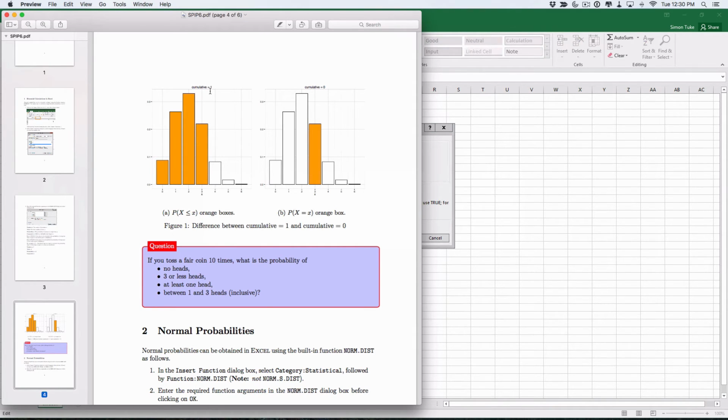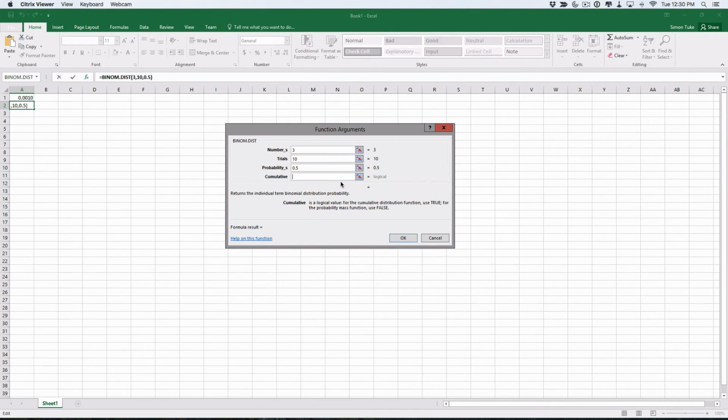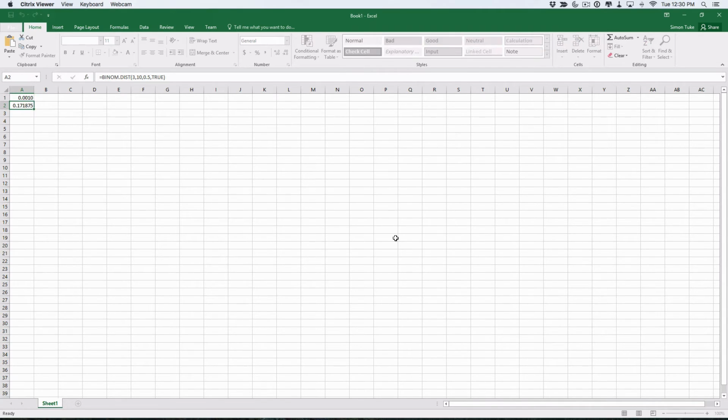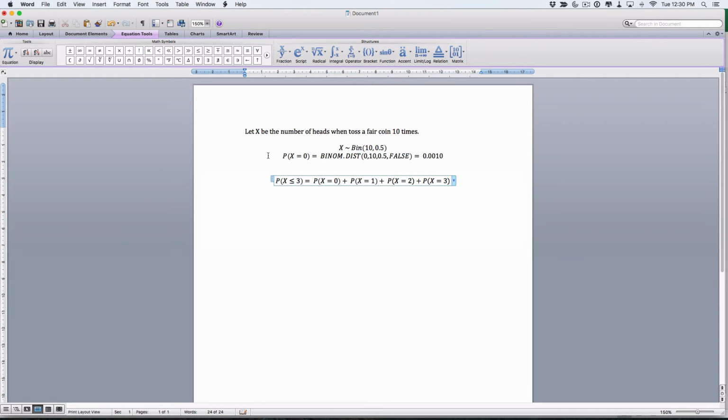So we set cumulative equals to 1, or that is equivalent to typing in true. There's the answer. Click OK. I can now move that to the right number of decimal places. And we will copy that. Go back here.